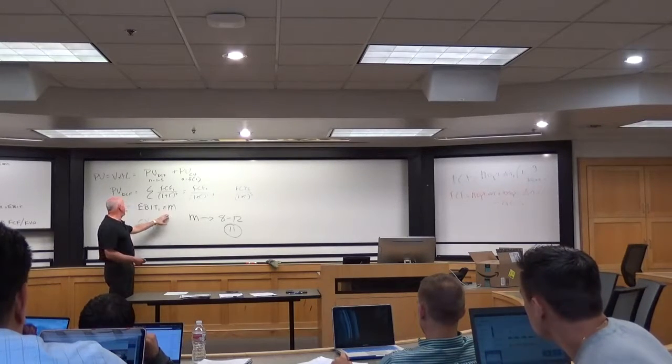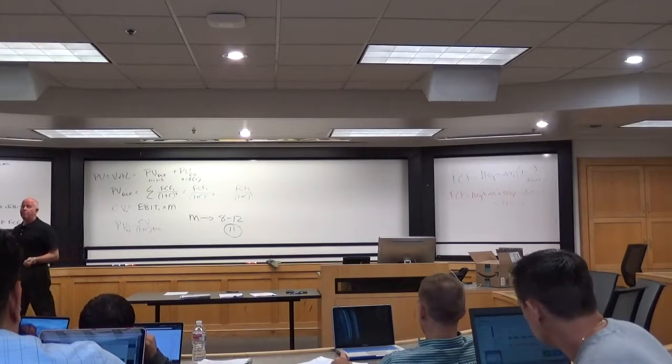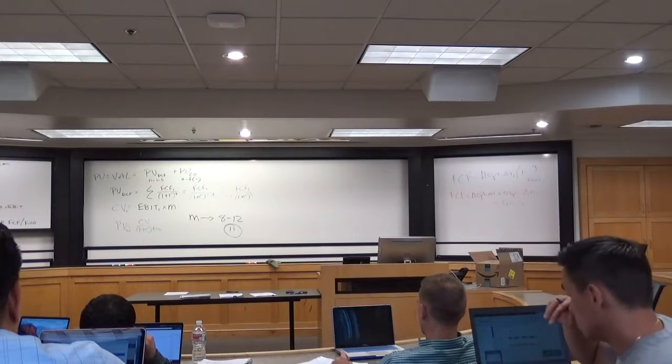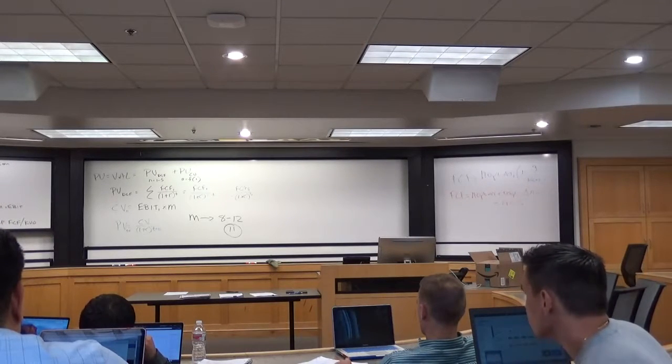I might find an M actually looking at this company, and maybe I know what it's worth from some other methodology. I might find what it's worth from the free cash flow model. That gives me its enterprise value. If I take and divide that enterprise value by EBIT, I have an EV-EBIT multiple, don't I?